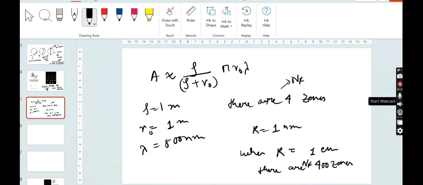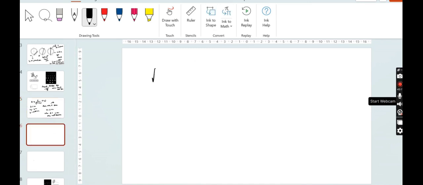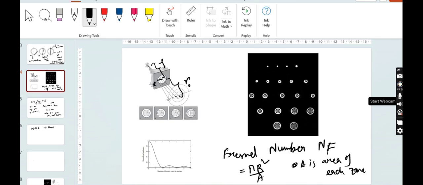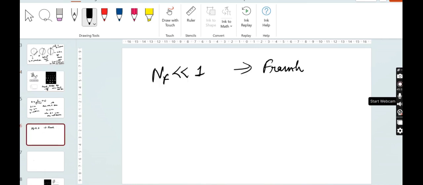Okay. When NF becomes less than 1, all of this goes to Fraunhofer diffraction. So just imagine that at Fraunhofer diffraction, your R naught is very, very far away. Okay, so you will see not even one Fresnel zone.